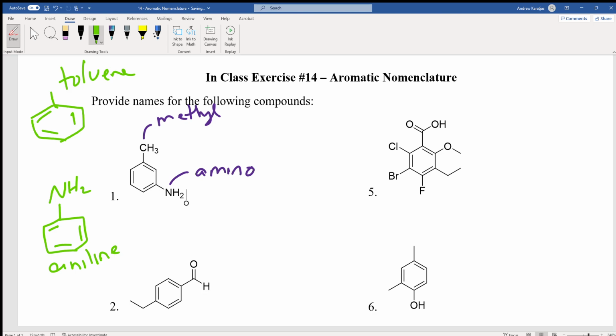The second piece is the relationship between the two substituents. We can see that this is a 1-3 relationship, which we also know is referred to as meta.